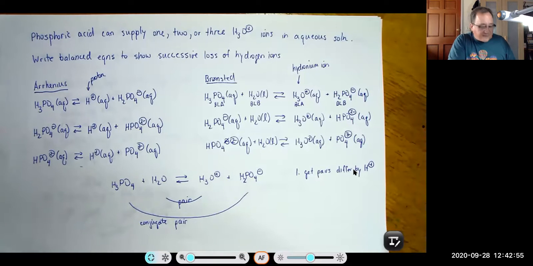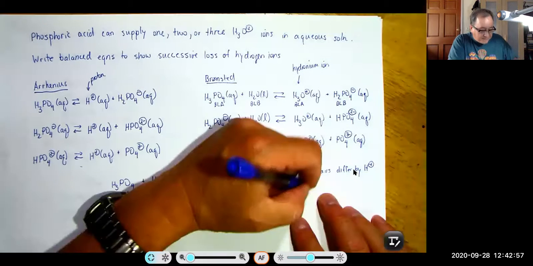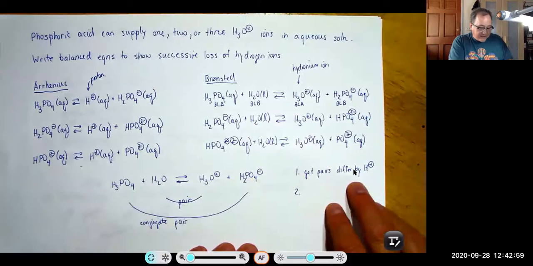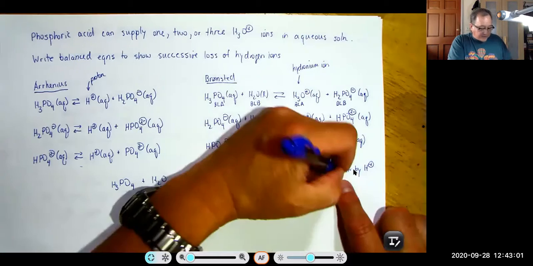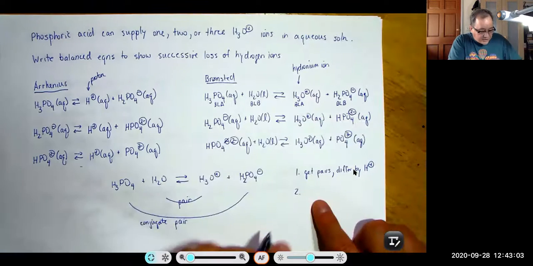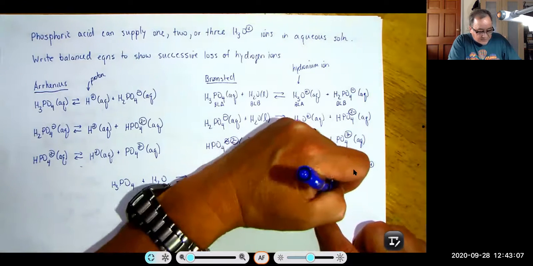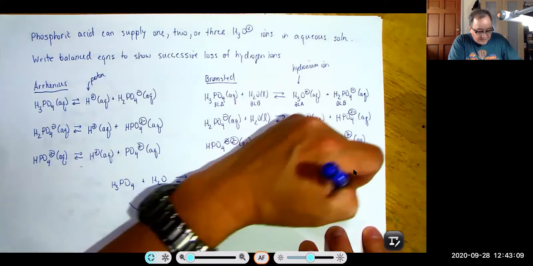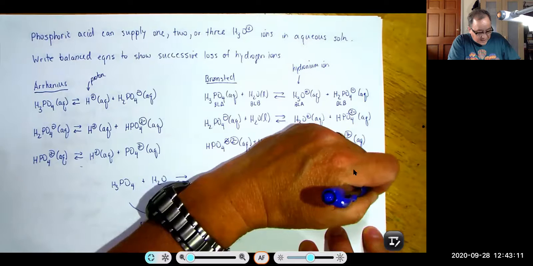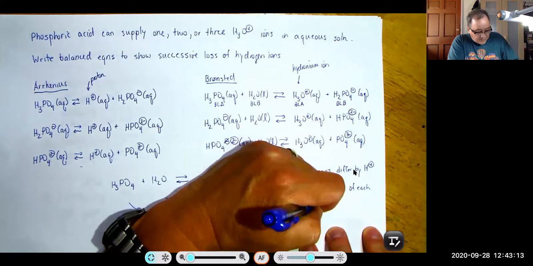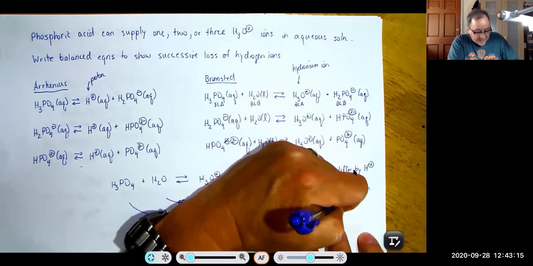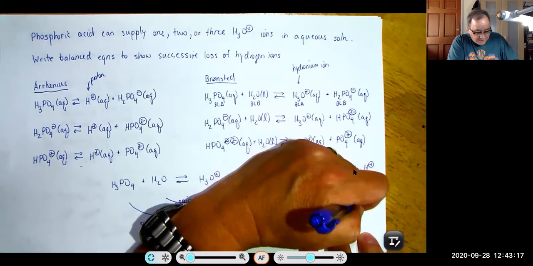Now that we've identified the pairs, so get the pairs by, they differ by 1 hydrogen, right? Next, you identify the Bronsted-Lowry acid and the Bronsted-Lowry base of each pair. The Bronsted-Lowry acid has more hydrogen.